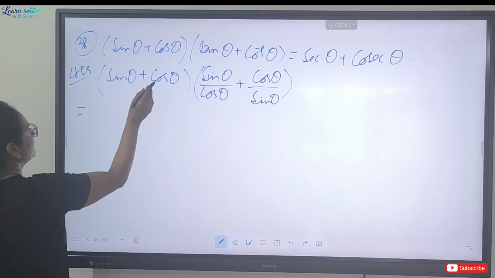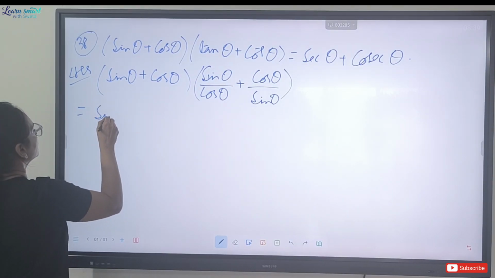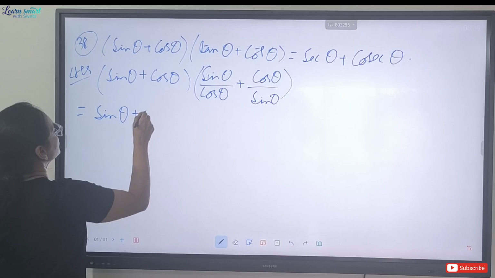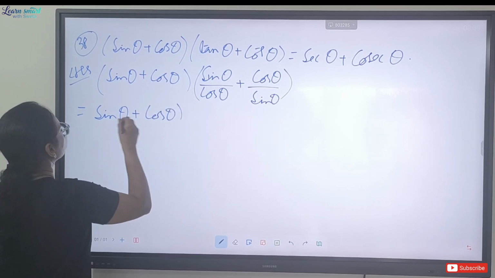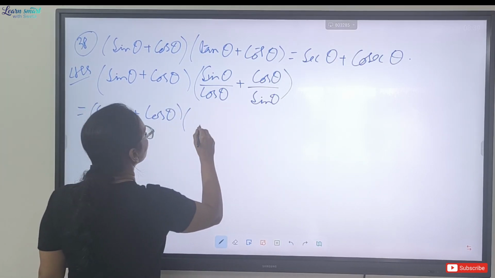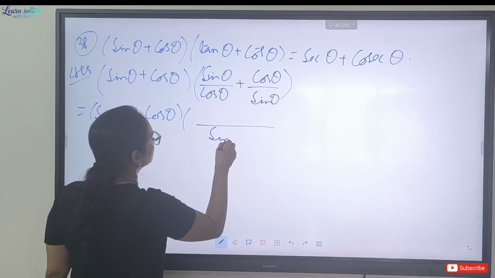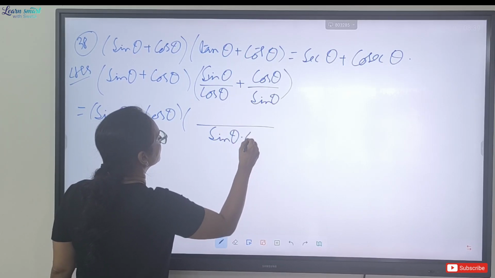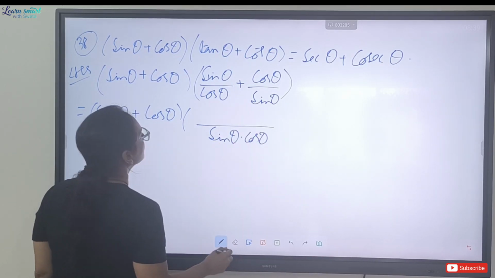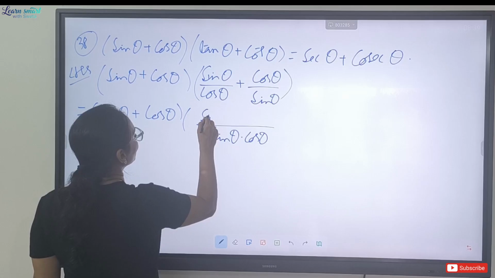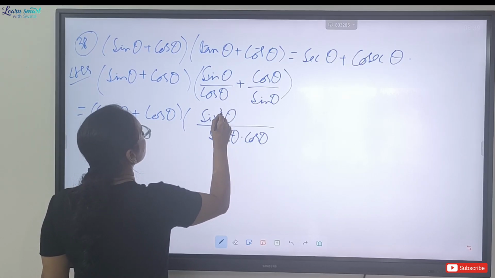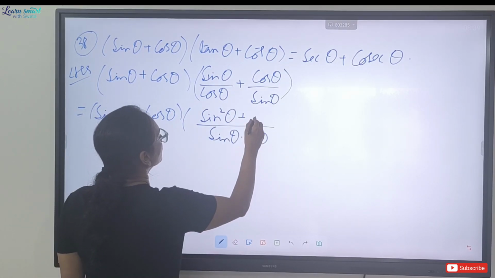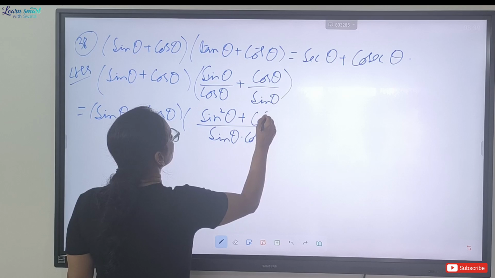Then let's take LCM and this will remain as it is. So sin theta plus cos theta into sin theta cos theta, and we get sin square theta plus cos square theta.